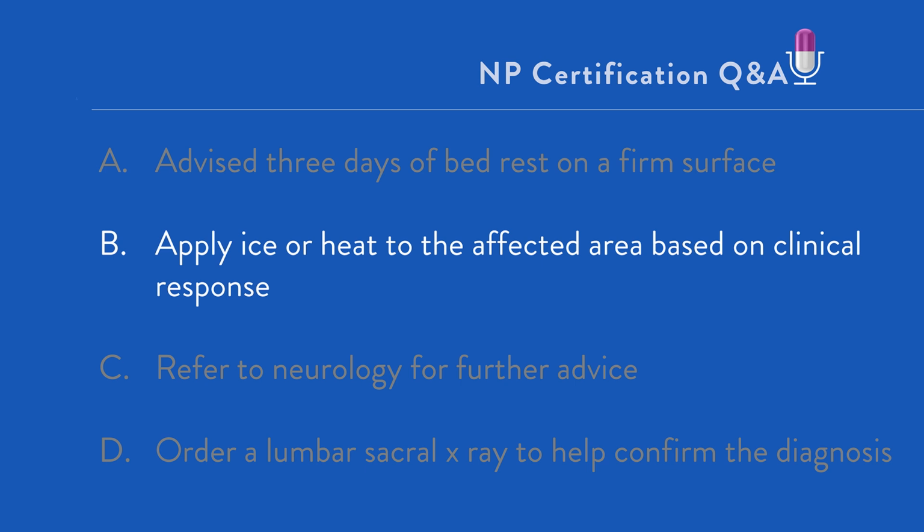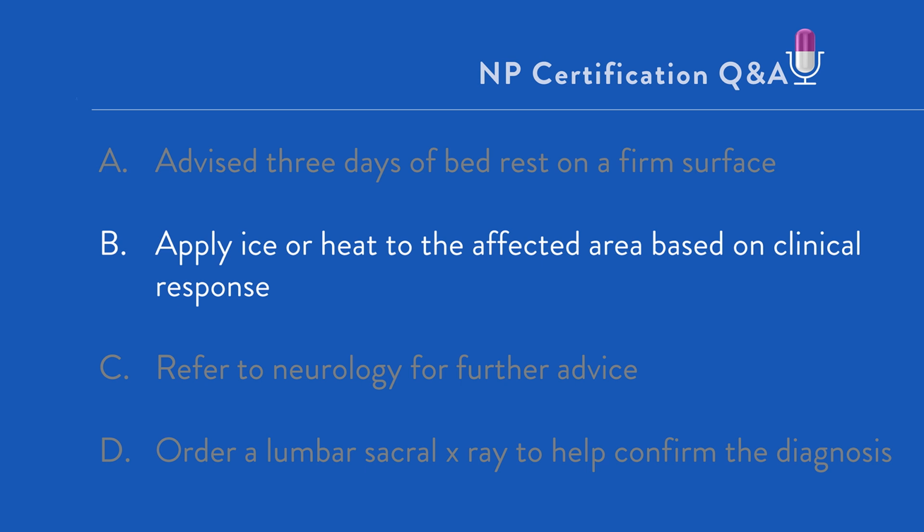C, refer to neurology for further advice. Of course, this answer is incorrect. Lumbar sacral strain is a clinical diagnosis. There are no alarming neurological findings. And what you've done with this is simply delayed the onset of what is often very helpful advice, as was mentioned in option B, in what is usually a self-limiting illness.